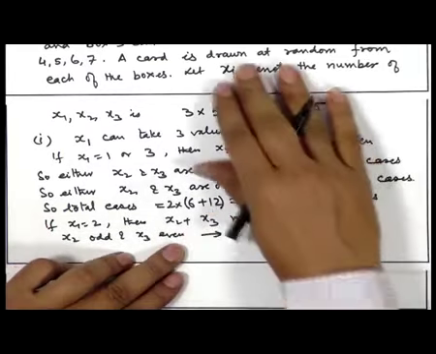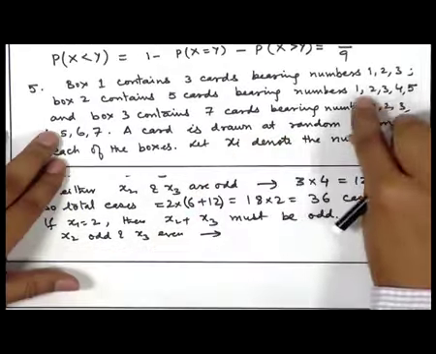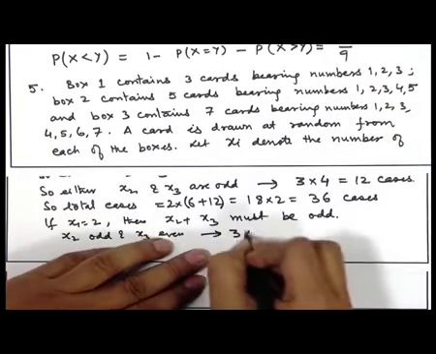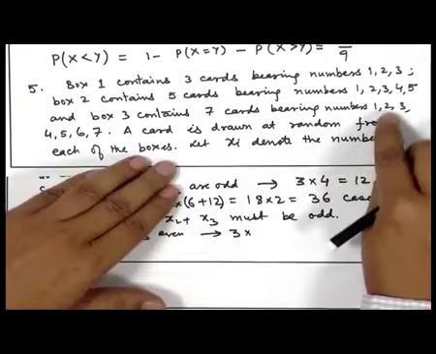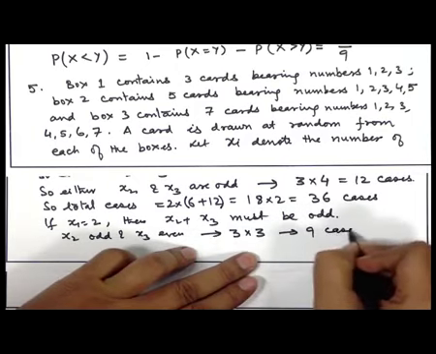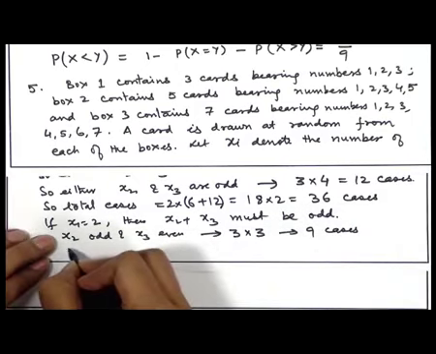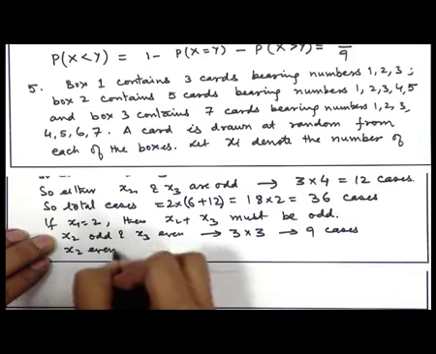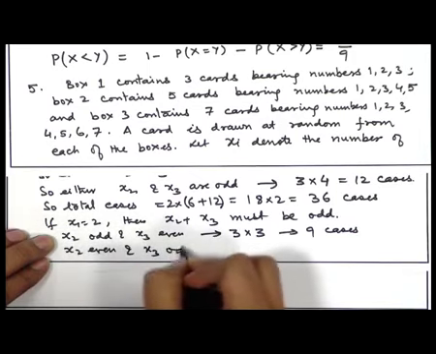Now, x2 odd you can have 1, 3, 5. So, there are 3 cases, x3 even there are 2, 4, 6, 3 cases. So, total 9 cases. Similarly, you can have x2 even and x3 odd.